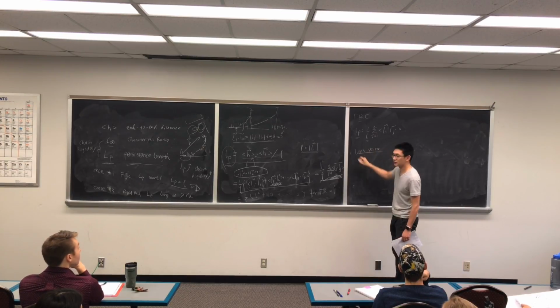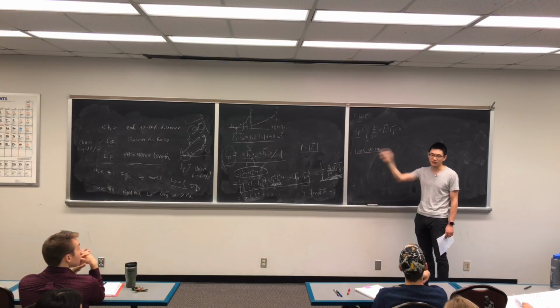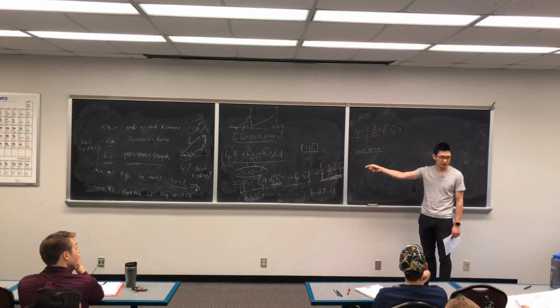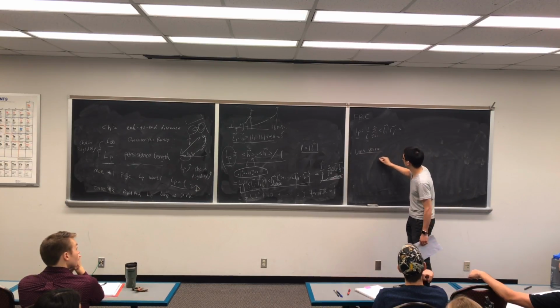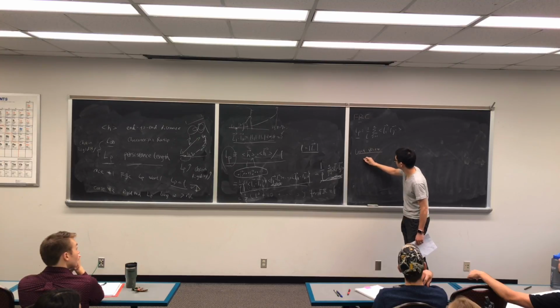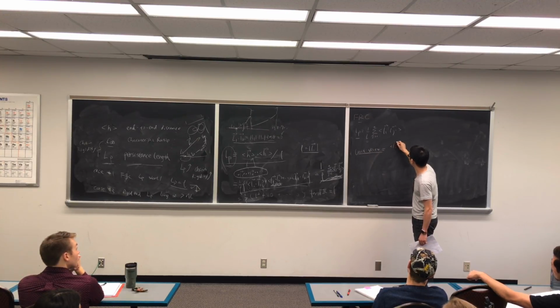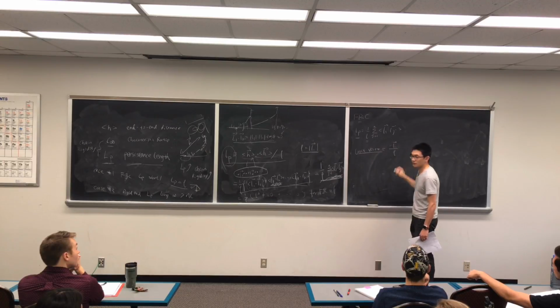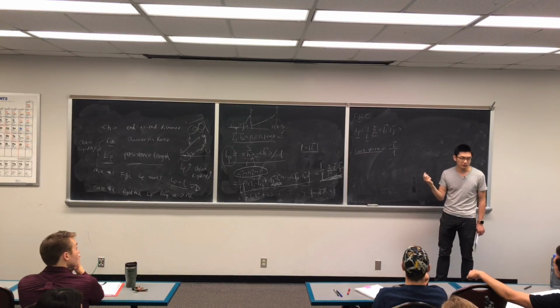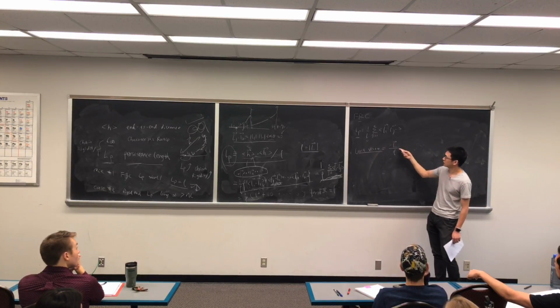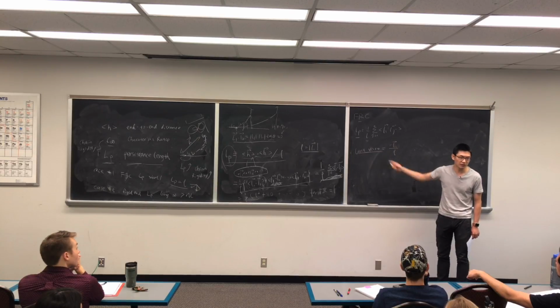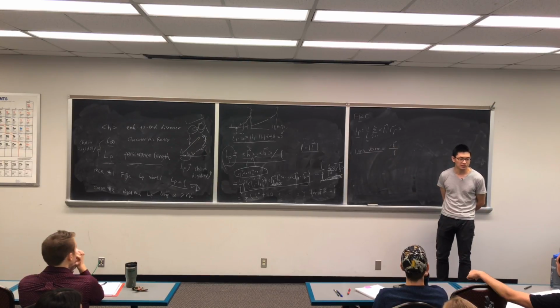A unit vector is basically a vector that only has direction, but no magnitude. So you can think of the unit vector as being equal to vector L divided by L, where L is the length of the bond. So this only gives you the direction, but no magnitude.